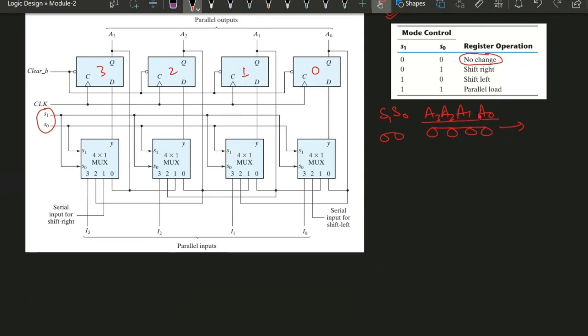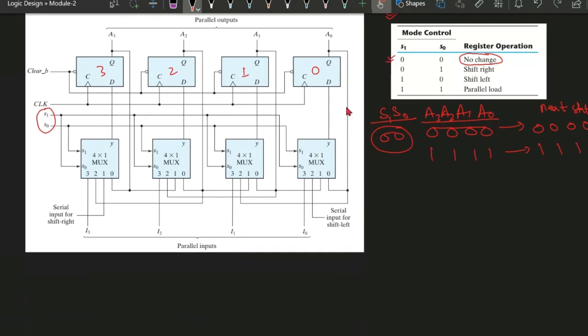Either A0, A1, A2, A3 are 0, 0, 0, 0 or 1, 1, 1, 1, then also the next state value will be the same. There will be no change when S0 and S1 are 0, 0. So this is the first mode of operation.